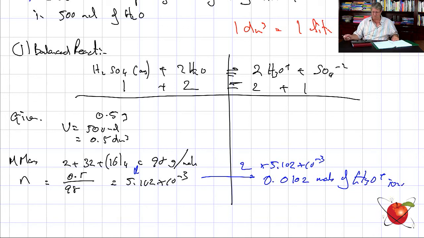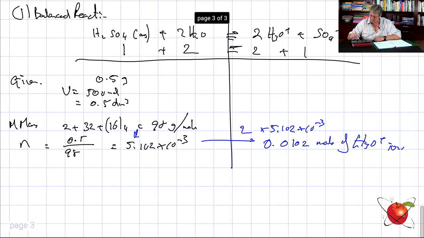That's in my water, 0.0102. My next step is to say, okay, I understand, but I am looking for concentrations. Always we're going to the concentration.